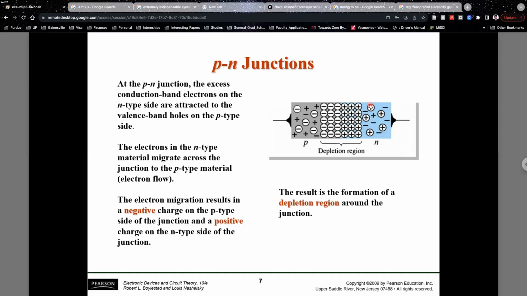In this structure, if you count the total number of protons and electrons, they will be the same, right? Because the boron atom will have the same number of protons and electrons, and the silicon atom will also. But in this structure, because this silicon atom could not bond with the boron, which did not have a valency of 4, the silicon atom here has a dangling bond that can accept an electron.